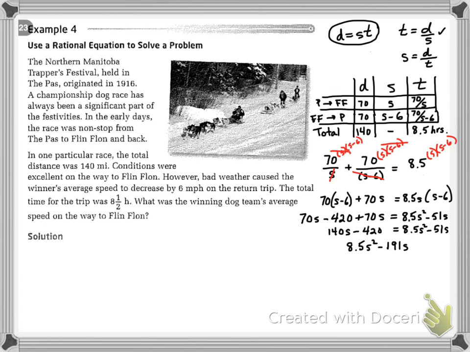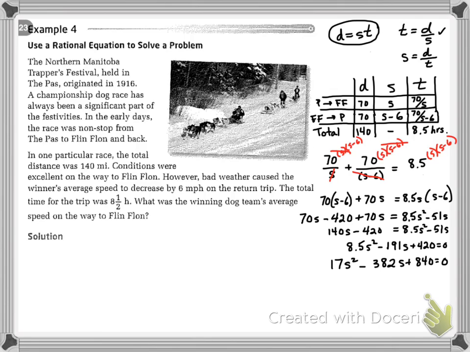And then we're going to add 420 to both sides, and we're going to get a quadratic equation. Now, I've got a decimal in there. I want to get rid of that, so I'm going to times everything by 2. And what that leaves me with is a very messy looking quadratic equation with all whole numbers.